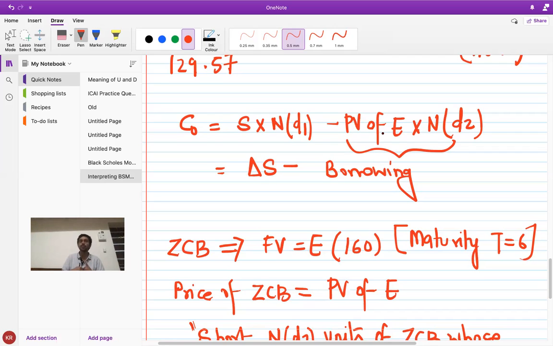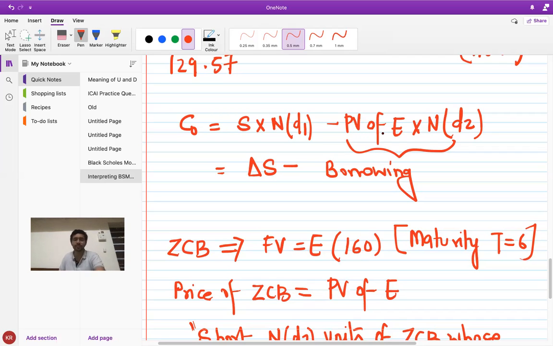Today's price of the bond is going to be the present value of the exercise price, because today's value of a zero coupon bond is the present value of the future cash flow, which is nothing but the exercise price. So we are going to short; shorting means borrowing N(d2) units.